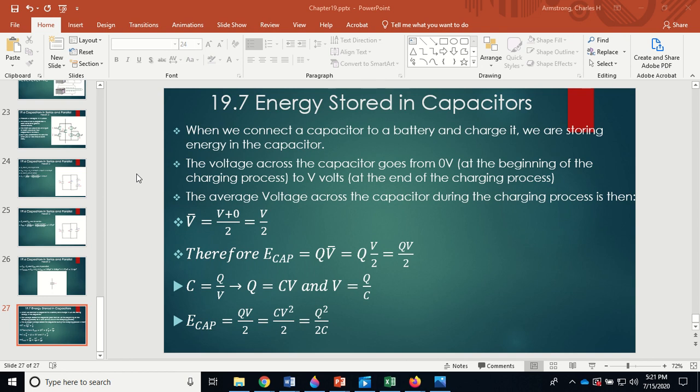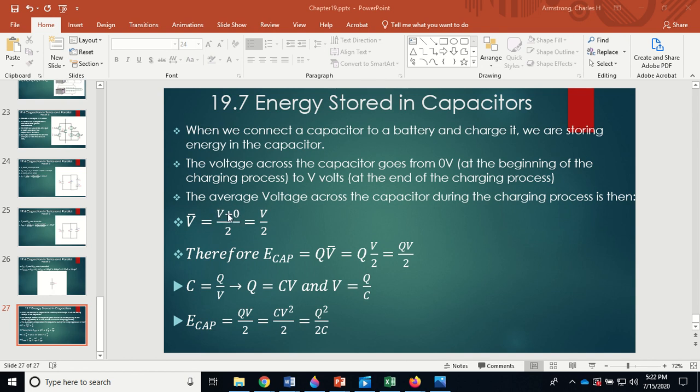The voltage across the capacitor goes from 0 volts at the beginning of the charging process to V volts at the end. That's the battery's voltage. So in the very beginning, the capacitor has 0 volts across it. We close the switch. Then over time, it charges up to our final voltage. But during that charge time, what's the average voltage? It wasn't V and it wasn't 0.